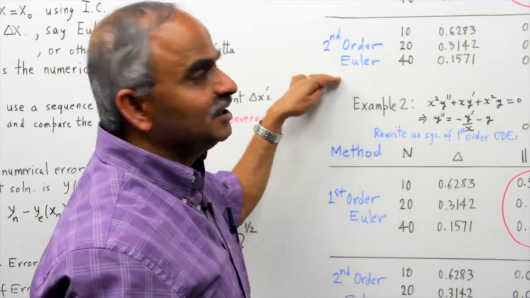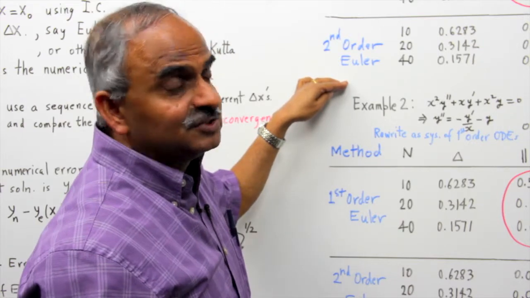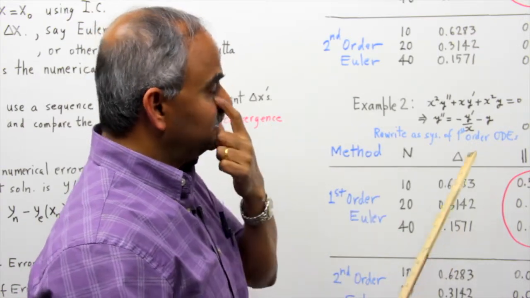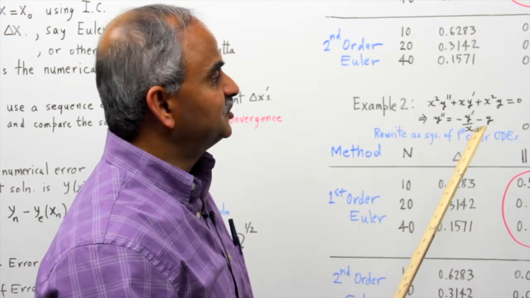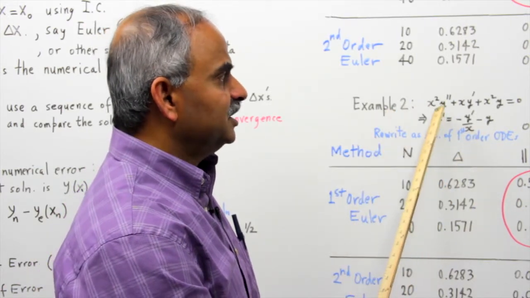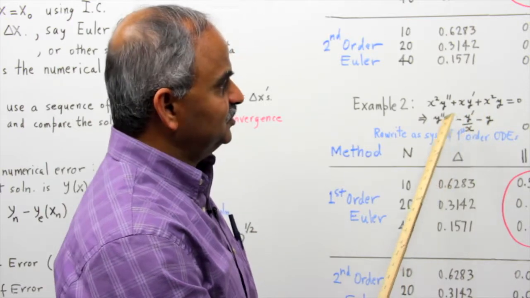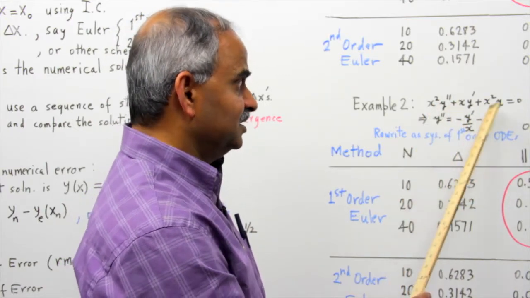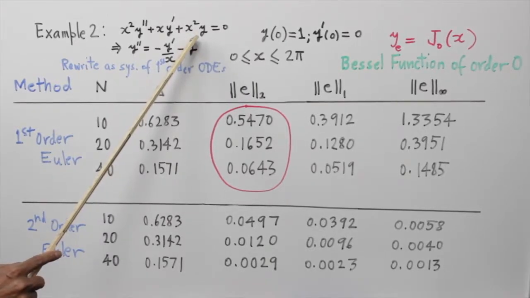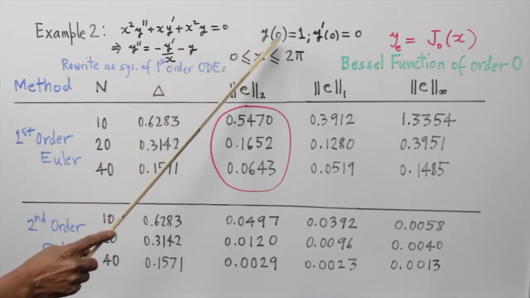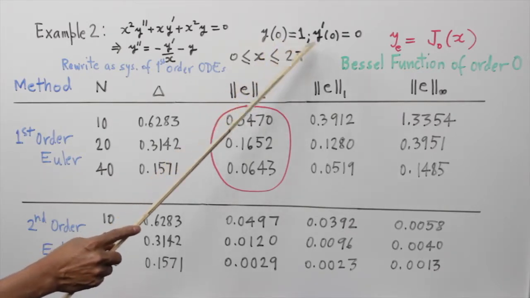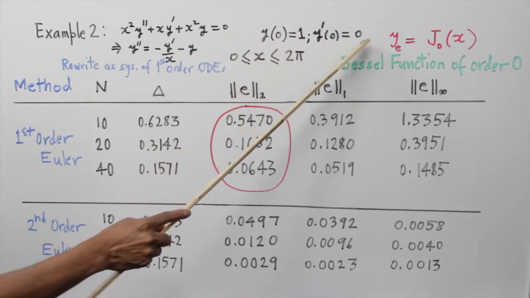So having looked at this very simple example, let's consider a more interesting example where the equation has coefficients that are varying in space. And so we are taking one of the celebrated equations, the Bessel's equation, which is actually very simple, as you can see here. This equation you have encountered before. And we have the initial conditions that the value of the solution is 1 and its slope at 0 is equal to 0.